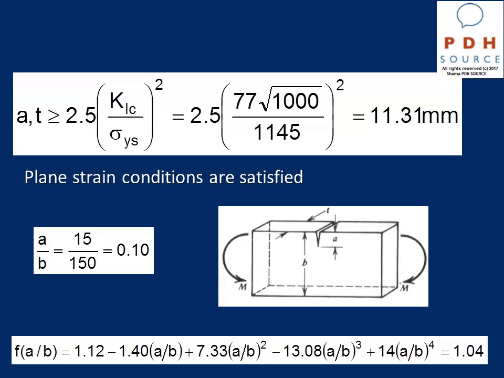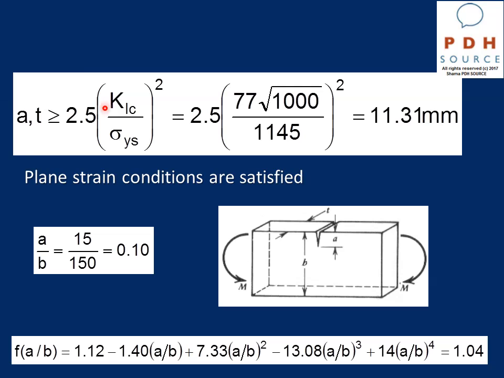So in order to determine plane strain conditions, this is the equation. The thickness T and the crack length A should be greater or equal to this expression. We have T equals 25 millimeter. We have A equals 15 millimeter.